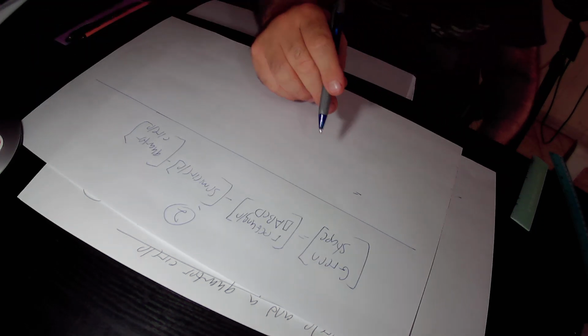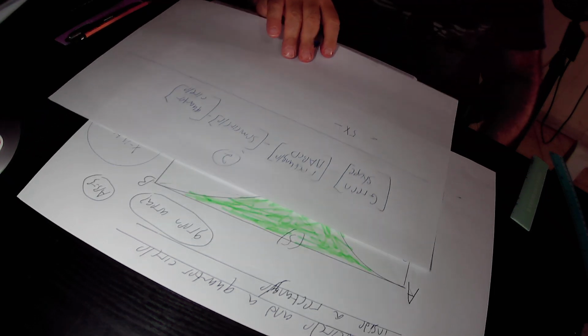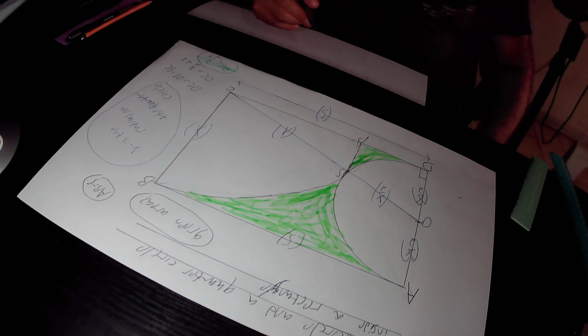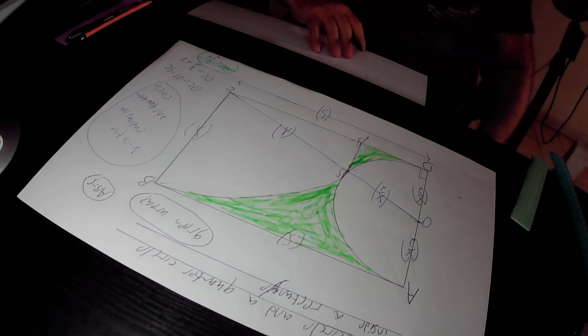Again, the area of rectangle ABCD is 5x minus the area of the semicircle. The area of this semicircle equals the area of the circle, that is pi times x over 2 squared, divided by 2. So write it down.